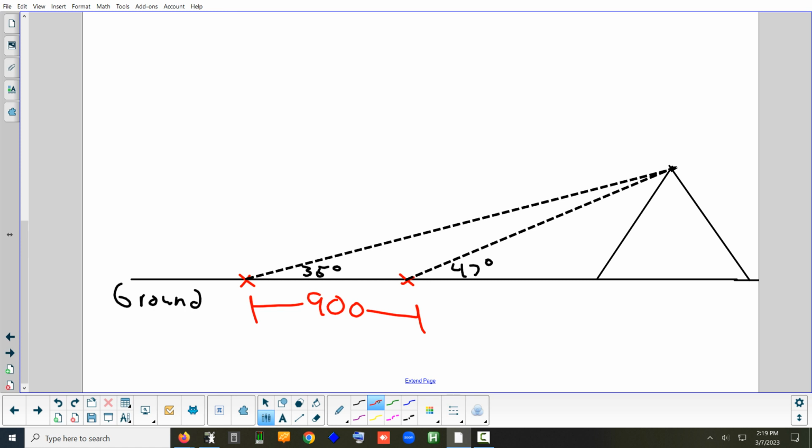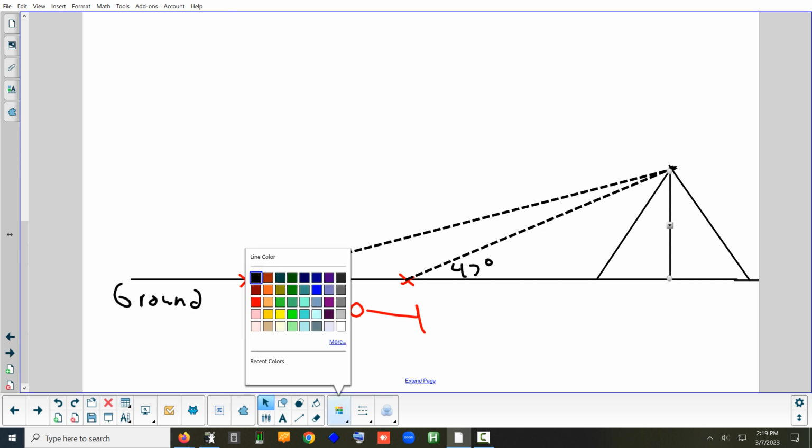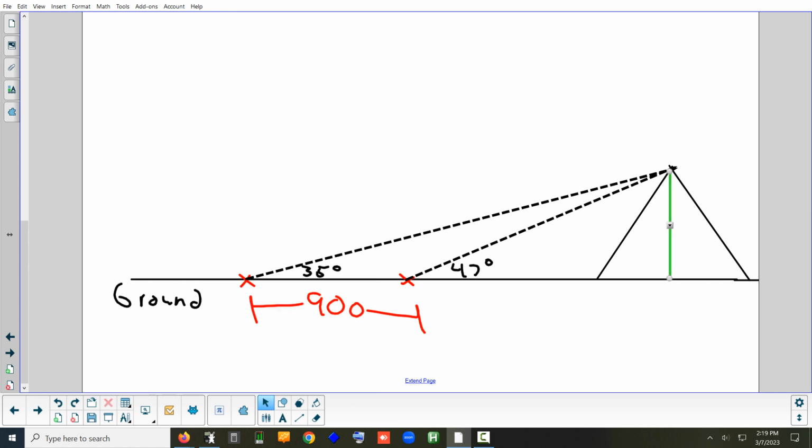It's like a line straight down. That's the height of the mountain. So that is what we want to know. And I'll make that green so we remember that that's what we want to focus on. And that's our height. And height is drawn perpendicular. That's straight.